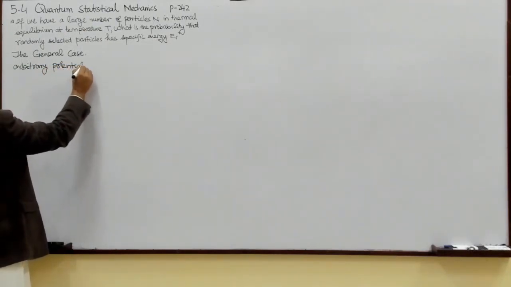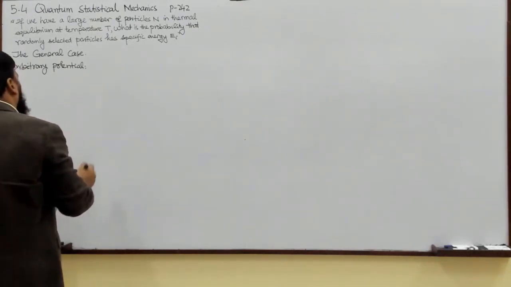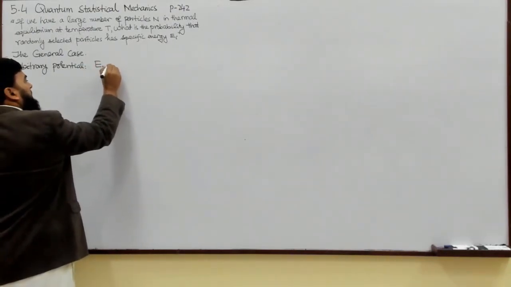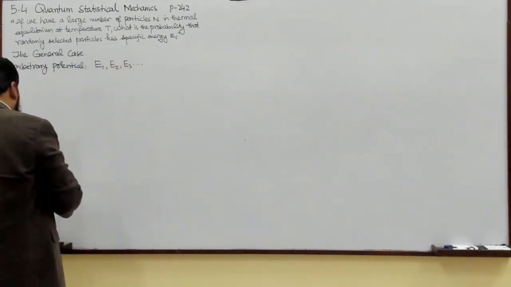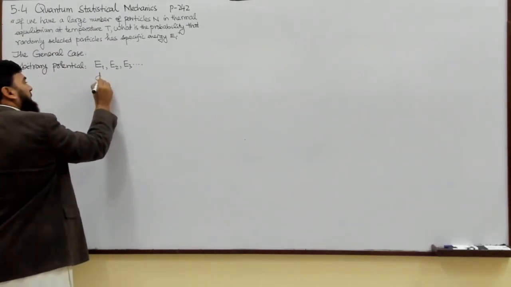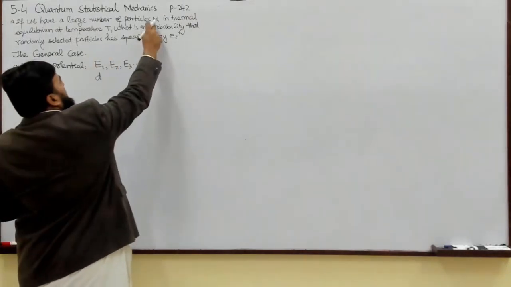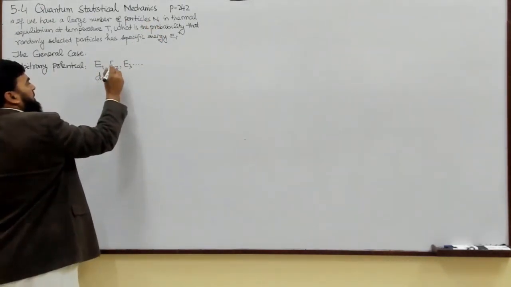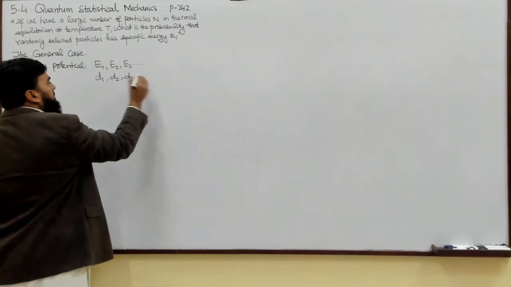The energies of the particles are E1, E2, E3, and so on. And we will now consider the degeneracies as well. E1 is the energy which is possessed by some particles in this ensemble. Its degeneracy is D1, and the degeneracy of E2 is D2, then D3, and so on.